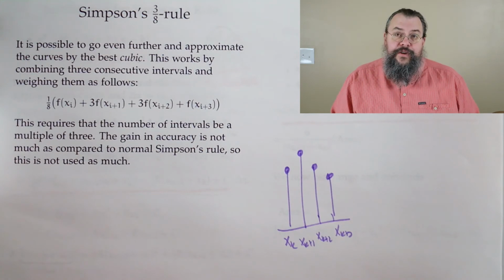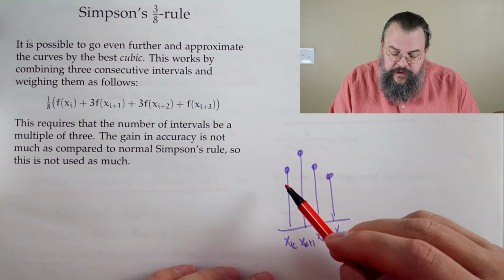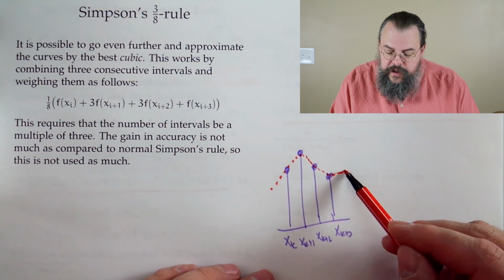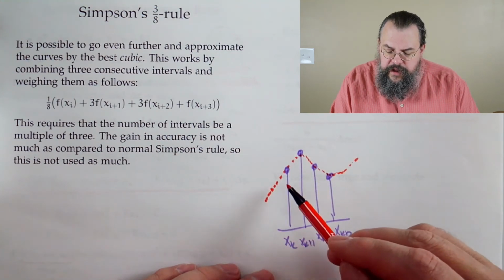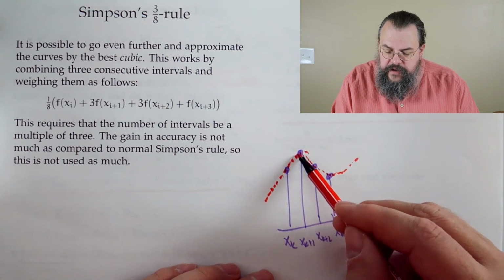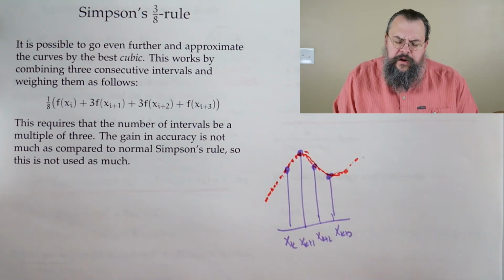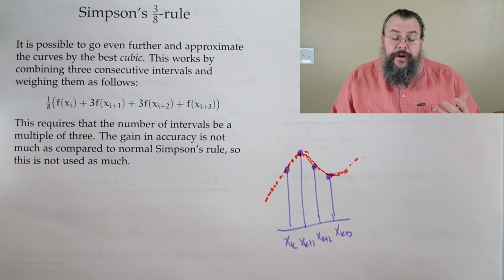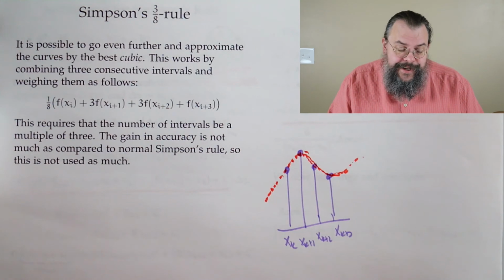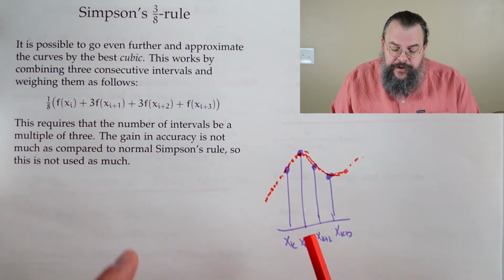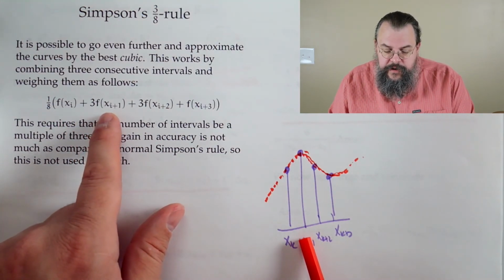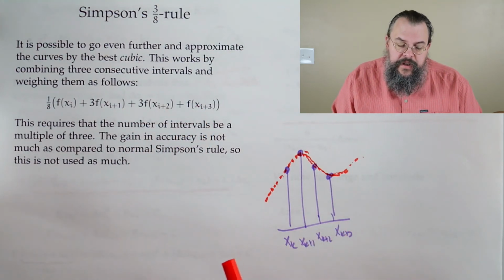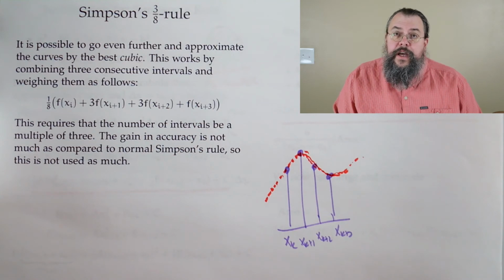It's hard to spot it right away, but it turns out it's found by the following: 1/8 of the function on the left, 3 times the second term, 3 times the third term, and the function on the right. And so we say, great.